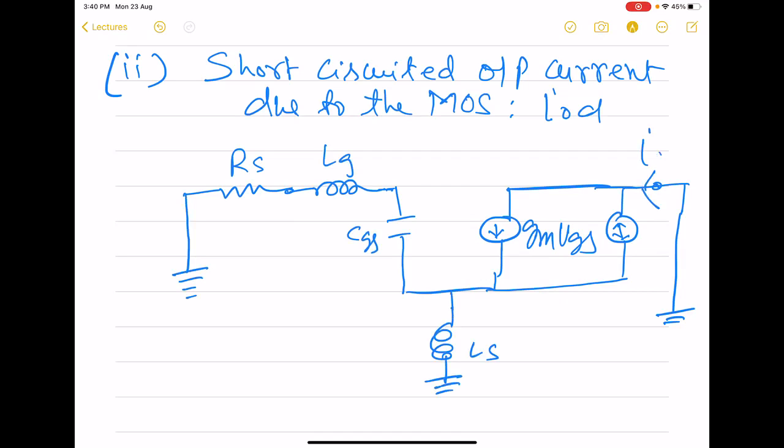So this desired current that we are looking for is IOD. And here we see that IOD in general will split into two currents, IM and ID. And then at the other end, they combine to again give rise to IOD.